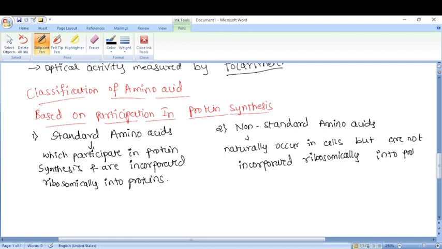That means these are not involved in protein synthesis. The amino acids which are involved in protein synthesis are called standard amino acids, and the amino acids which are not involved are called non-standard amino acids. There are 22 standard amino acids.